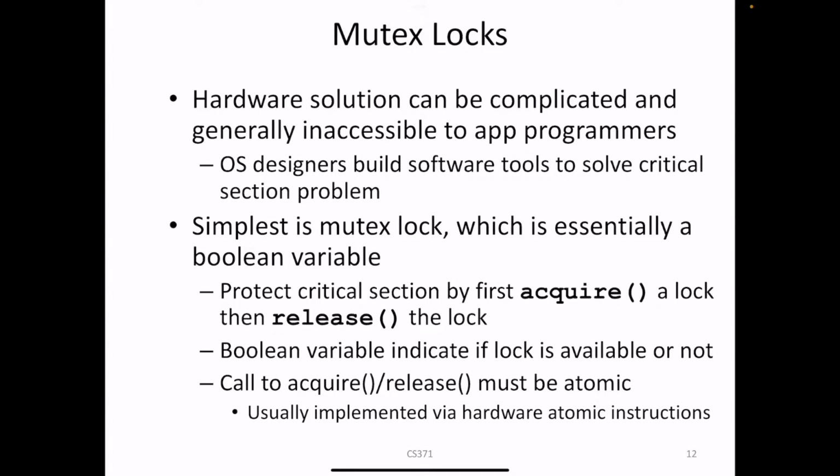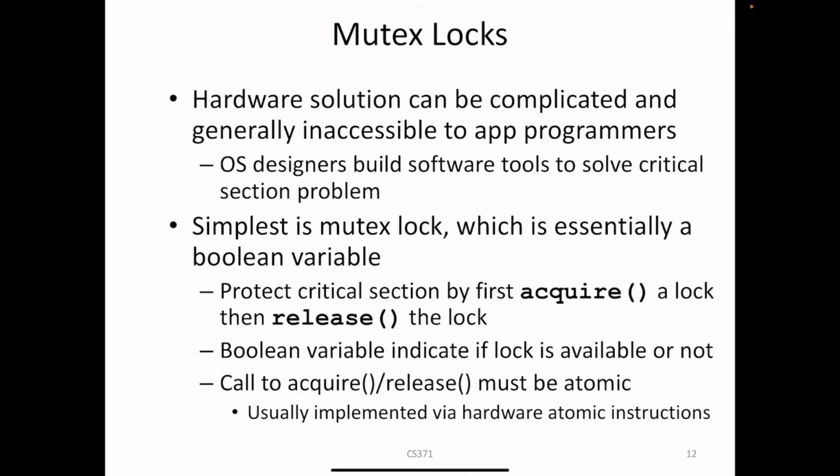In the previous slides, we have talked about how to use hardware-supported atomic instructions to solve a critical section problem. However, this hardware-supported solution can be complicated in the real world.